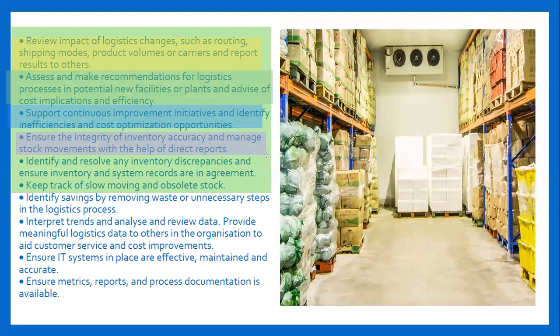This will create discrepancies, and we will not understand the actual quantity of goods and may order again. So you have to identify and resolve inventory discrepancies: whether incoming inward shipments are updated in our system or not, whether outward shipments are updated or not, and what the balance inventory available is. You have to identify, understand and resolve the problem, and ensure the inventory system records are in agreement.